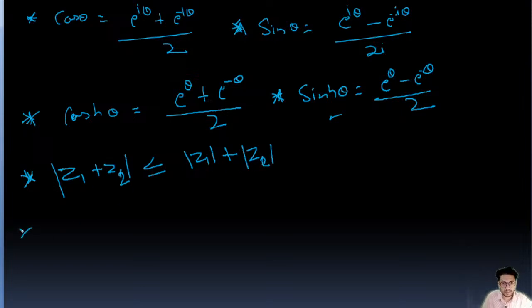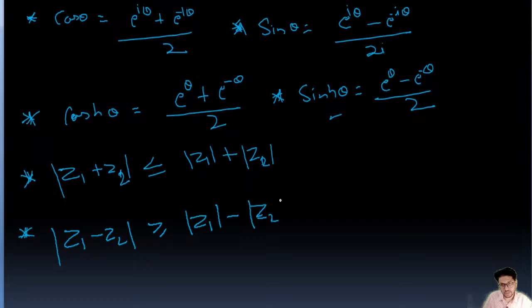And similarly, mod of z1 minus z2 is always greater than or equal to mod z1 minus mod z2. So this is the property.